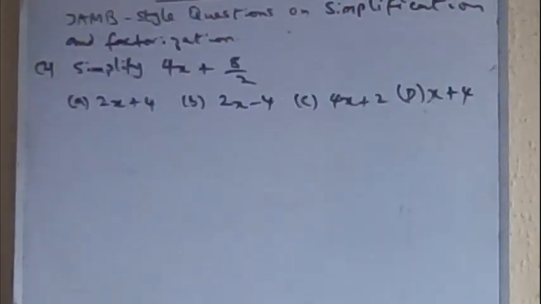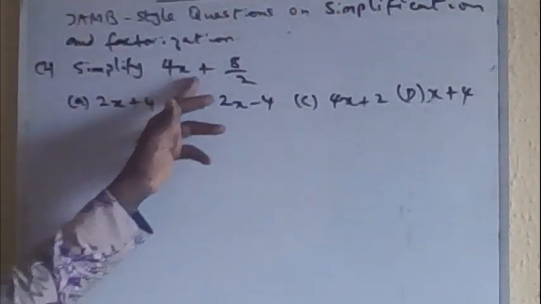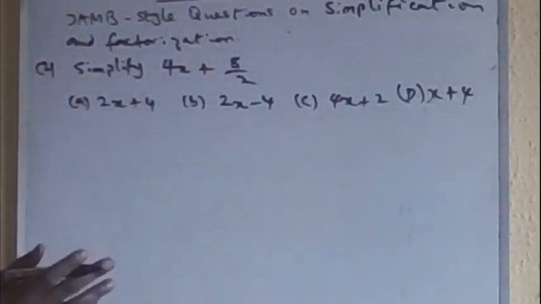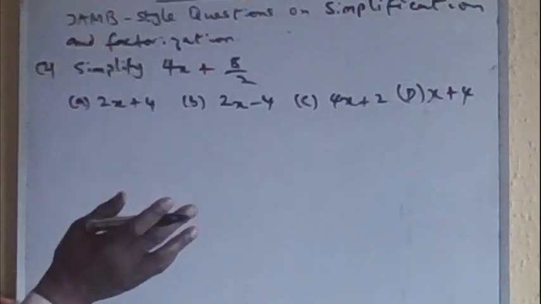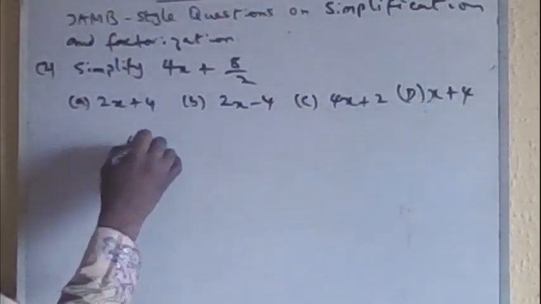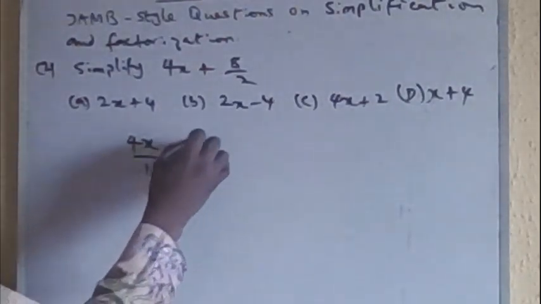So here's another possible JAMB question for you under simplification and factorization. Say we should simplify 4x plus 8 over 2. We'll look at it as if we are doing normal simplification of fractions or numbers. So I can rewrite this as 4x over 1 plus 8 over 2.